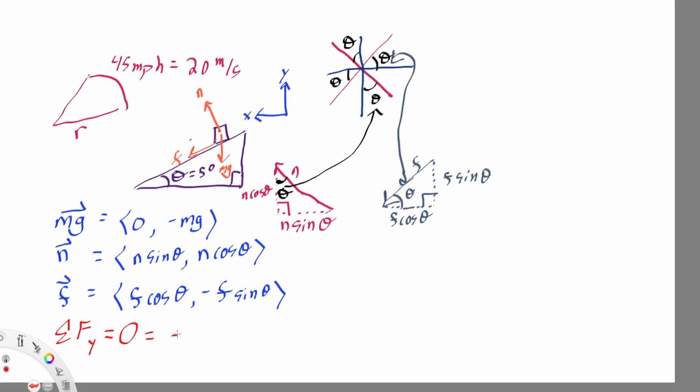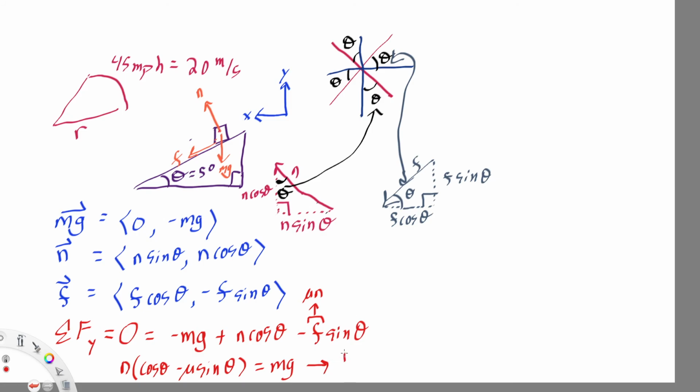So that means we have minus mg plus n cosine theta minus f sine theta. Of course, f is just mu times n. So we can factor out an n from both of these terms, and we get something like n times cosine theta minus mu sine theta equals mg.